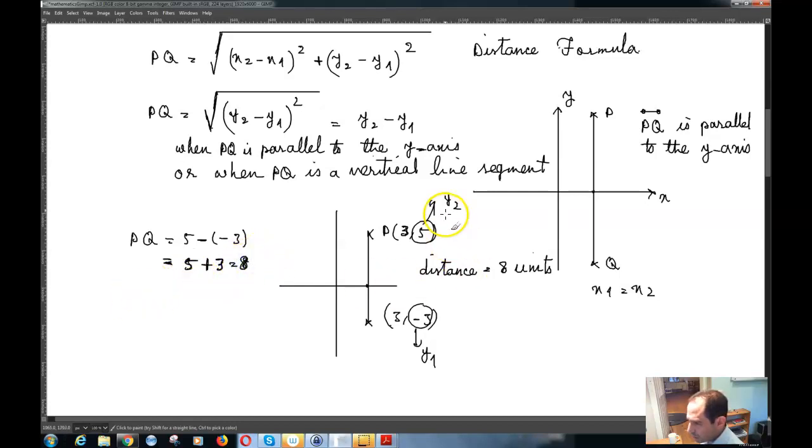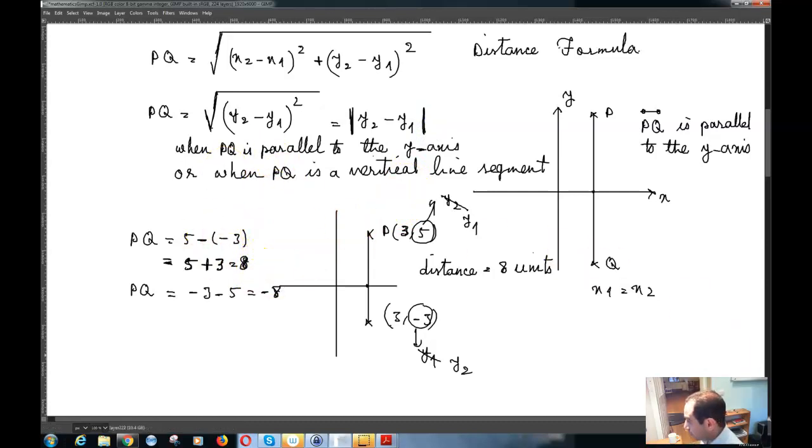Alternatively, you can take this as y1 and this as y2, and then PQ would still be y2 minus y1. So you have negative 3 minus 5, which is equal to negative 8. But the distance cannot be a negative value, so you should simply write it as the absolute value of y2 minus y1, and it's going to work for you.